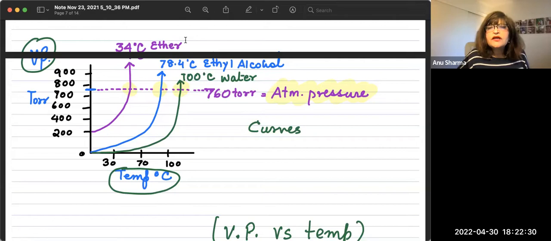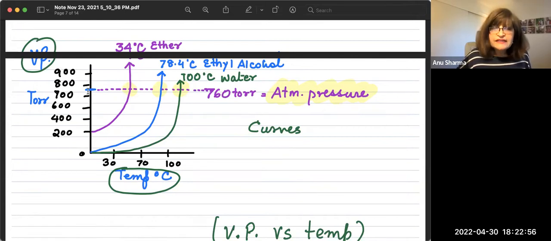So here are three curves. One is of ether, one is the alcohol, and one is the water. The green is for water, alcohol is the blue, and the purple is for ether. Now, torr. Remember 760 torr. 760 torr is the normal pressure for us, atmospheric pressure, okay? Now, from 0 to 30, all this is the readings in degrees Celsius.